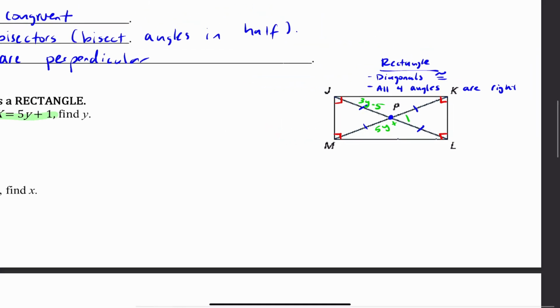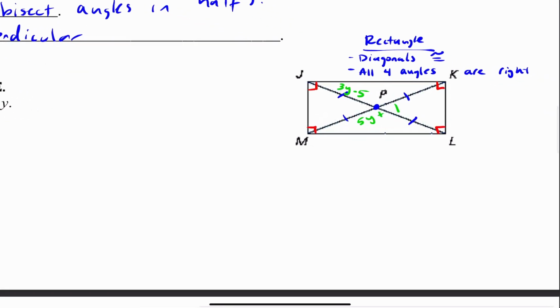So what do I notice? Well, if this whole thing here is 5y plus 1, and this part here is 3y minus 5, this is basically, because I know that the diagonals are congruent. So this whole thing here is congruent to this whole thing here, okay? So that means that this is congruent to this, but they're not on the same diagonals. But again, they are congruent.